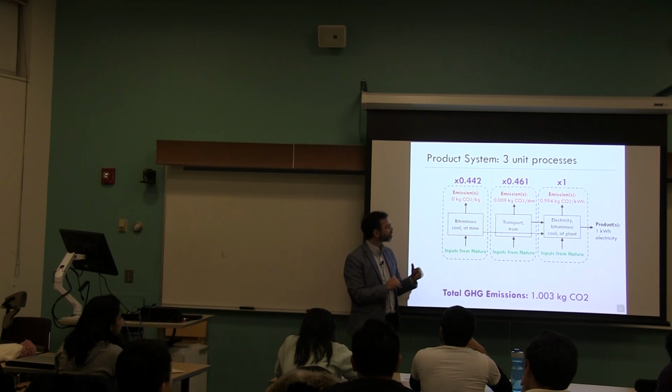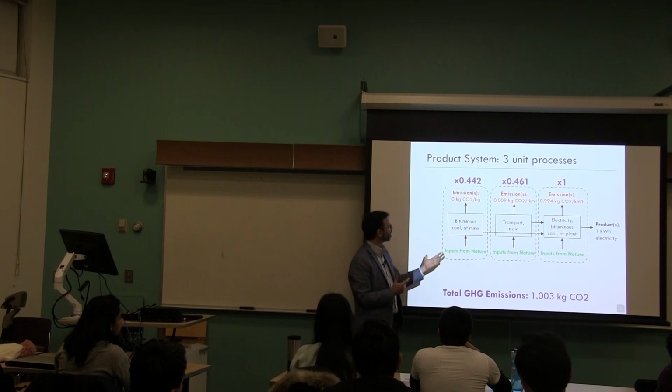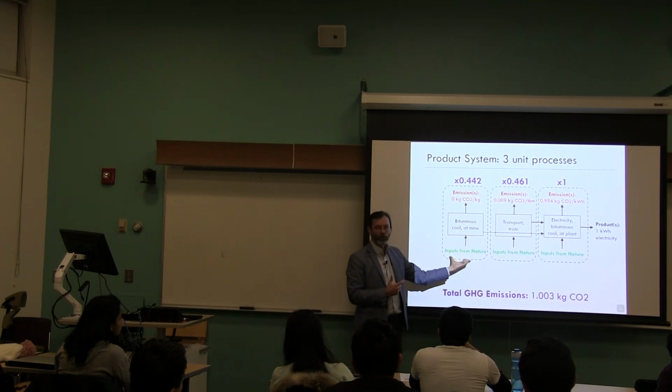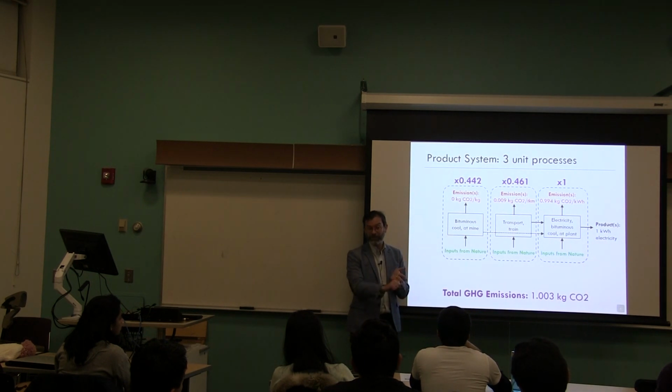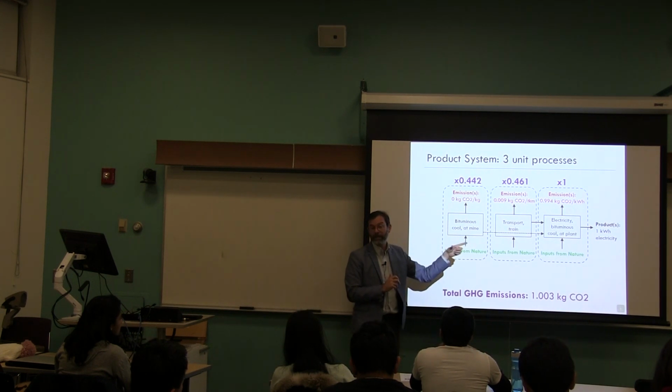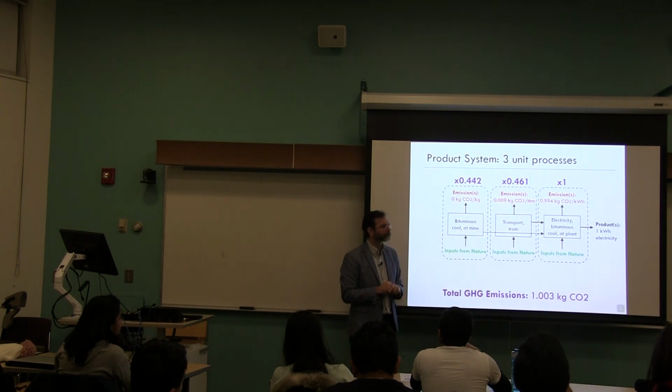It's just an example. If you were doing this for real, you would say, my coal is being mined here, my power plant is over there, and you would actually measure the distance. GIS analysis is very common to figure out how far the train is actually moving. But this is just for demonstration purposes.